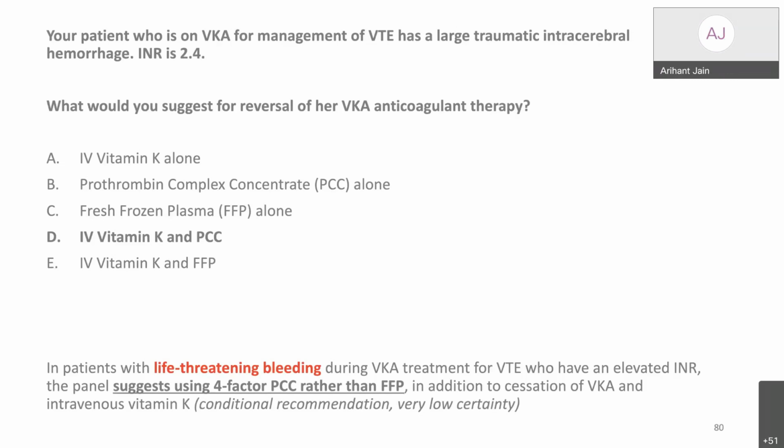So we'll hold the anticoagulant dose. Yes. We will consider antidote, and supportive therapy, IV fluids or blood transfusion.